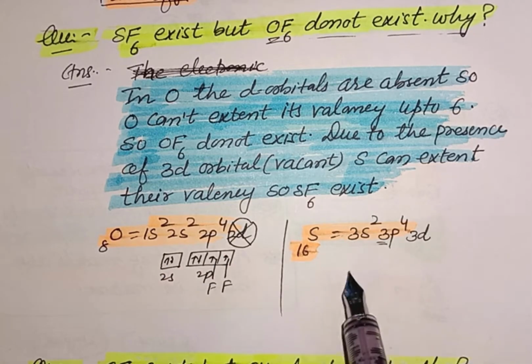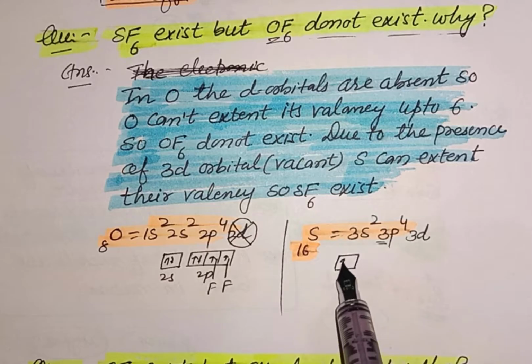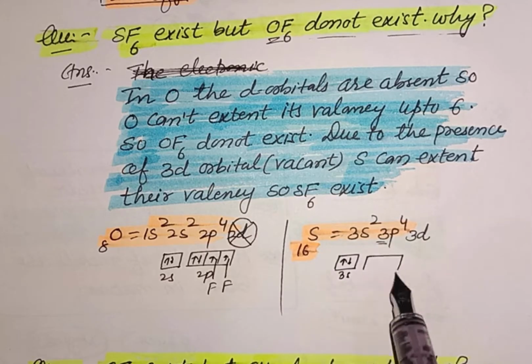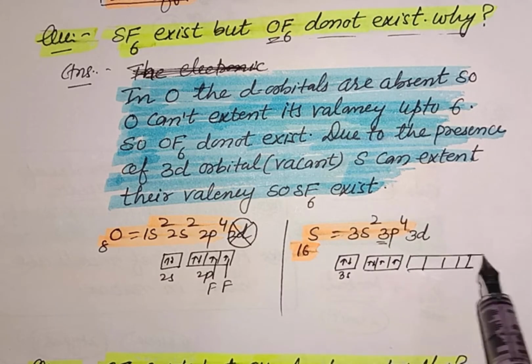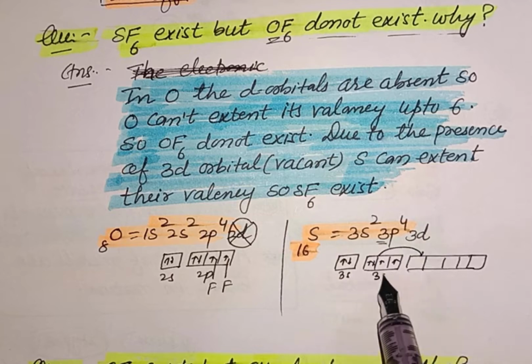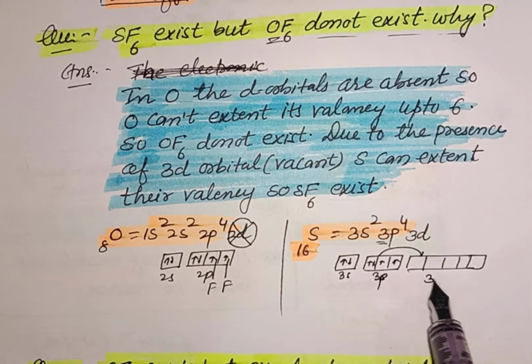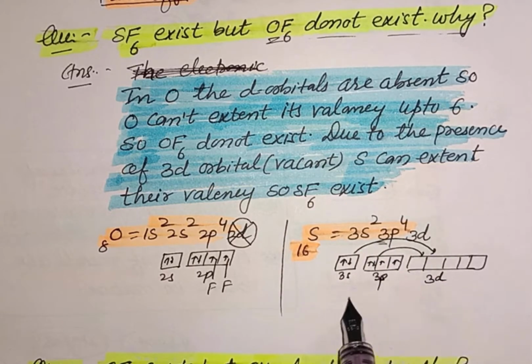In case of sulfur, the 3s subshell has 2 electrons, the 3p subshell has 4 electrons, and the 3d subshell is empty. After the promotion of electrons from 3p to 3d and from 3s to 3d, the valency of sulfur extends from 2 to 6.